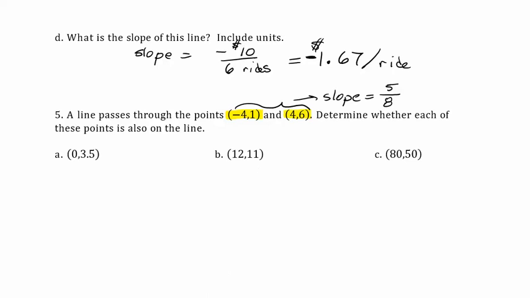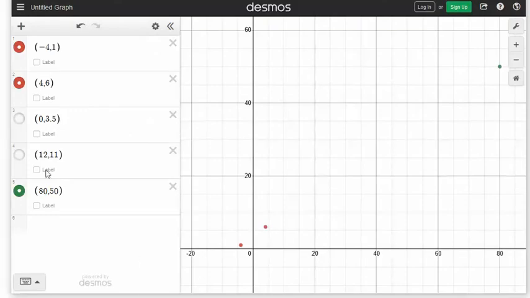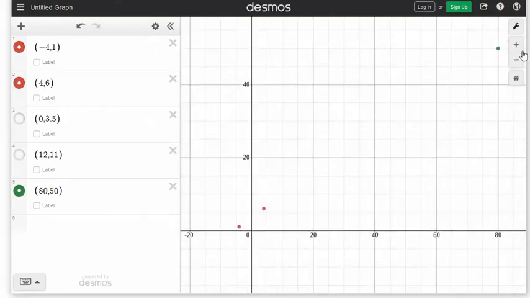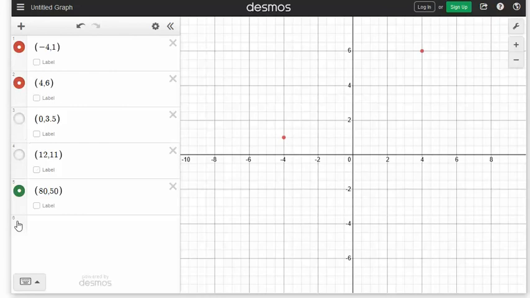Okay, let's take a look at the picture and think about that. Let's zoom back into where we were and take a look at this point. So we know to get from here to here, the slope is 5/8. Let's label these. If the slope between these 2 points is also 5/8, then they'll be on the same line.